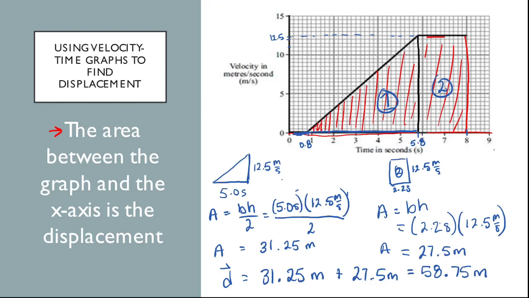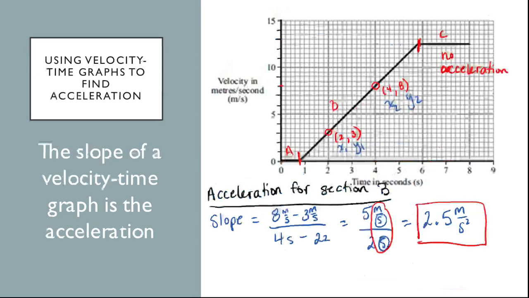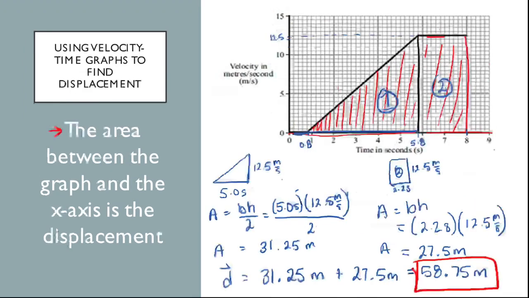Now, when we're just doing graphs, we can't really trust the significant digits, right? So here, just the full 4 significant digits is fine. There we go. So there are 2 things a velocity time graph can tell you. It can tell you acceleration using slope, or it can tell you displacement using area.